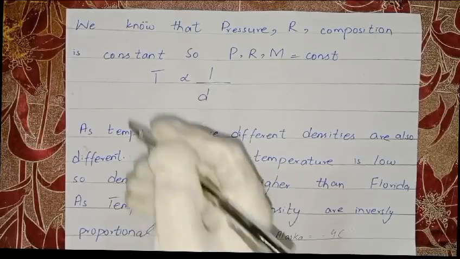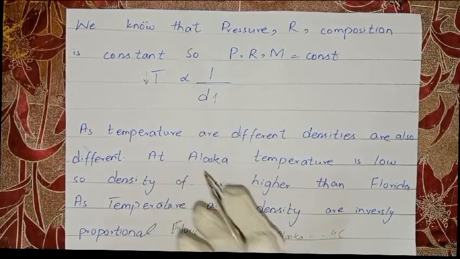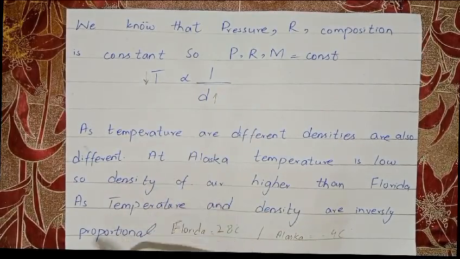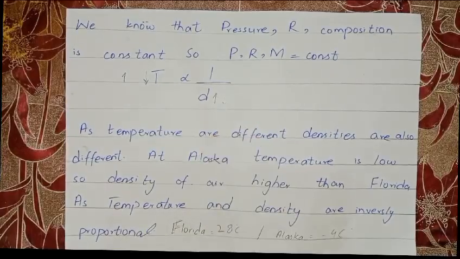When temperature is low, density is high. And the same, when temperature is high, then density will be low. So the temperature at Alaska is -4 centigrade. The density will be higher at Alaska than the density of the air particles at Florida. Thanks and Jazakallah khair for listening.